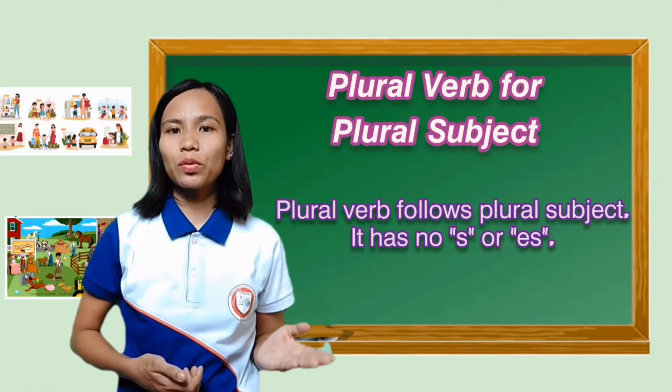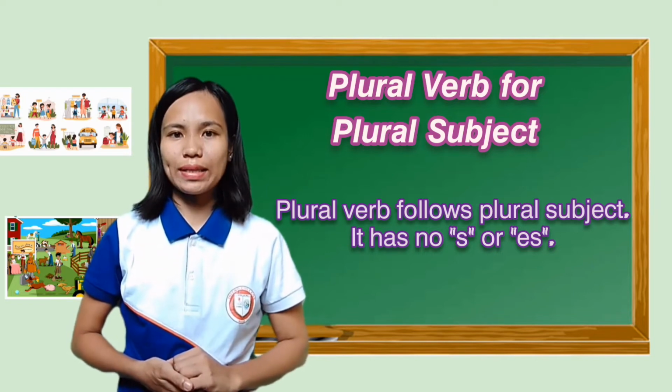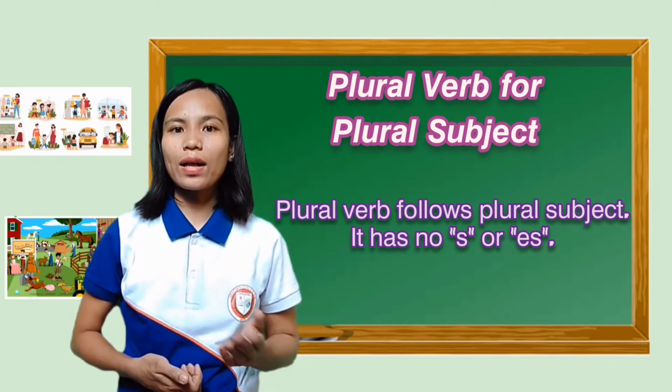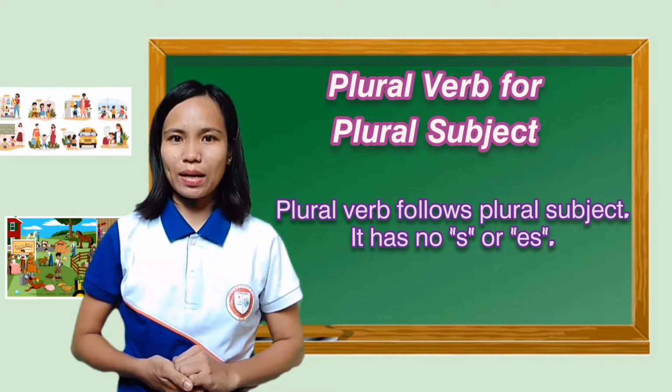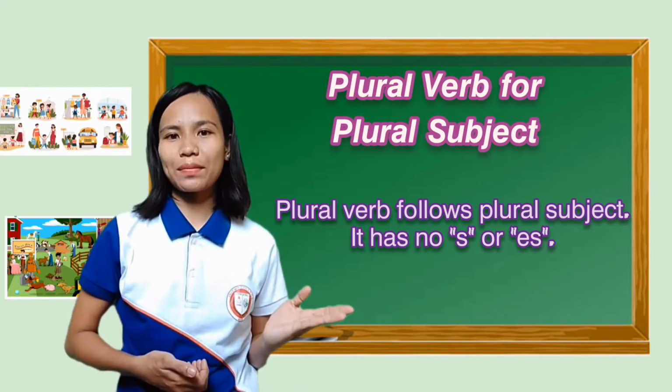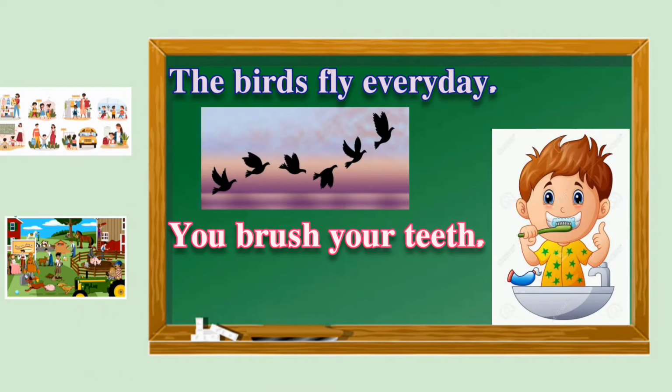The verb is plural if it doesn't end with s or es, and it follows the subject which is plural. So, here are some examples. The birds fly every day. You brush your teeth.